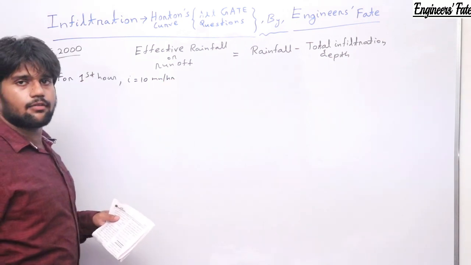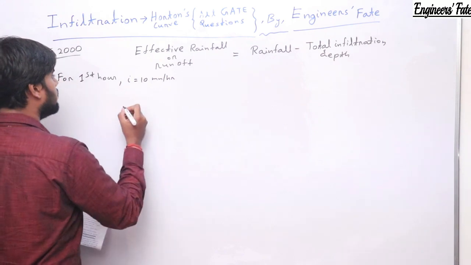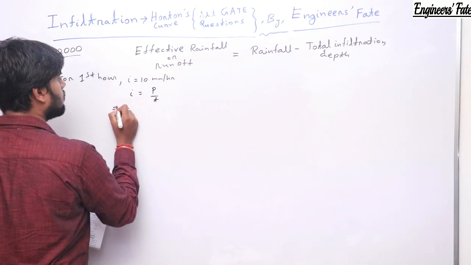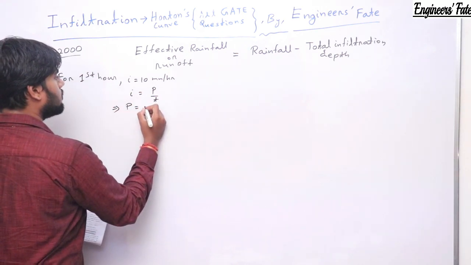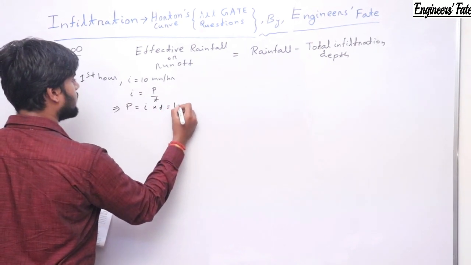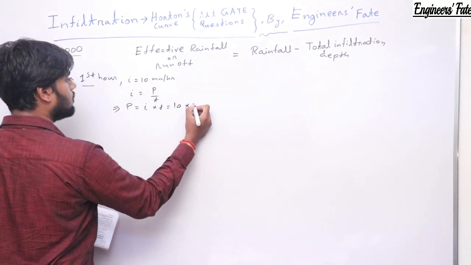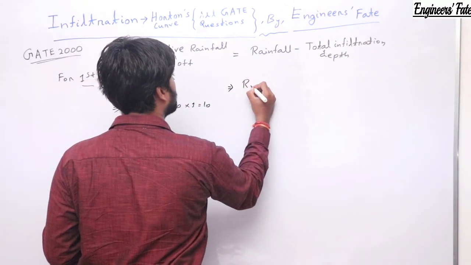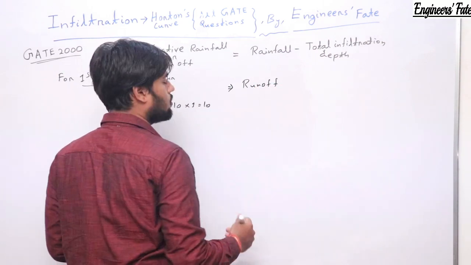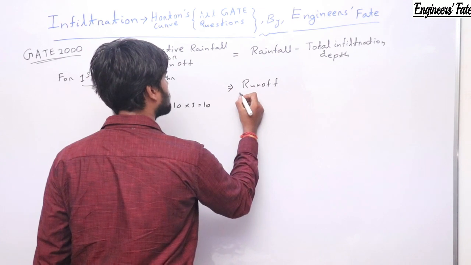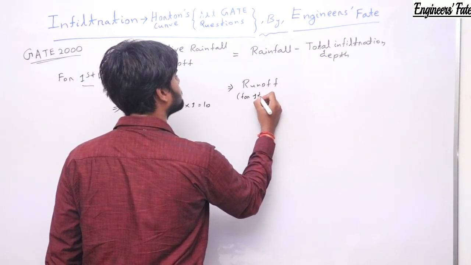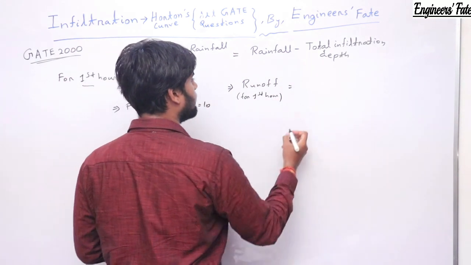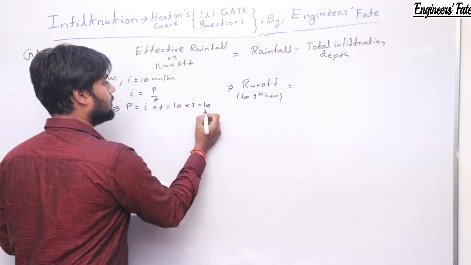Remember in the first or second video, I told you intensity I equal to P by T. So P equal to intensity I into T, that is 10 into, for 1 hour, T equal to 1 hour, that is 10. So runoff for the first hour I can write, that is rainfall minus total infiltration depth, where rainfall is given as 10.